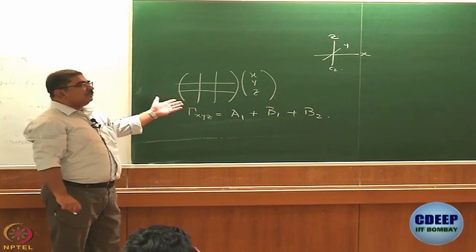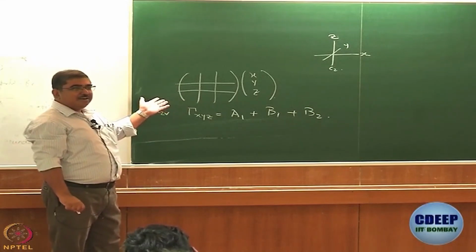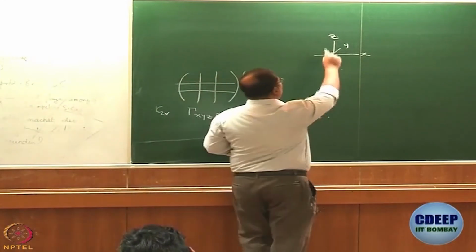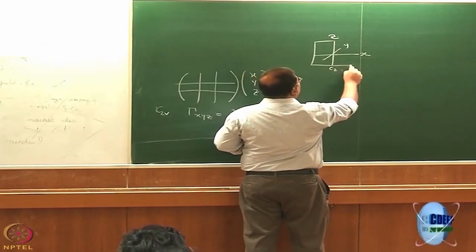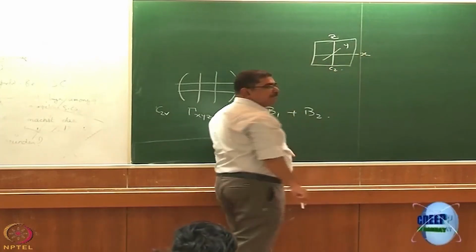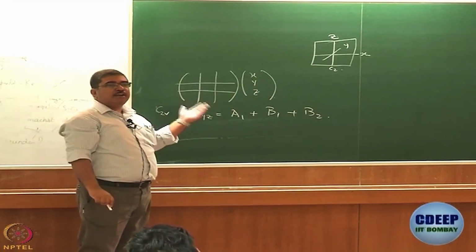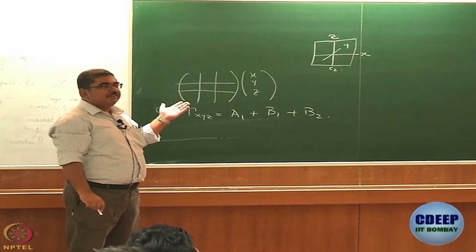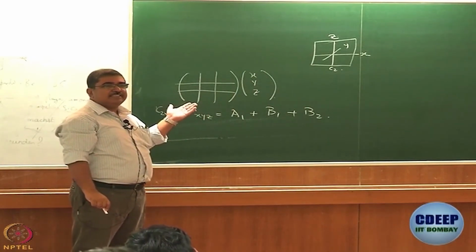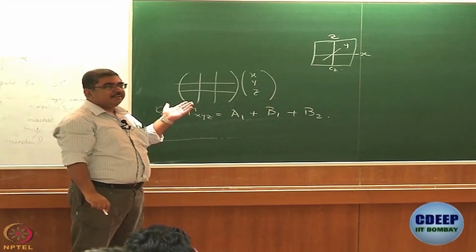Which one will be B1? Which one will be B2? How do I decide 1 or 2? Character of Zx, sigma V if you remember, right. So, which one will have a character of 1 for sigma V Zx, x or y?